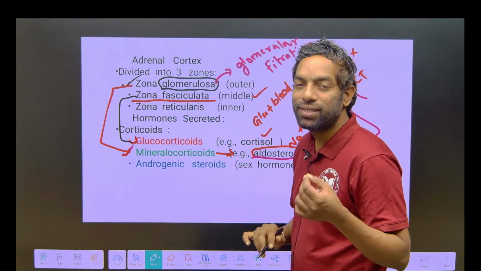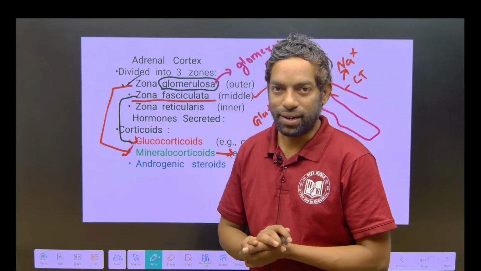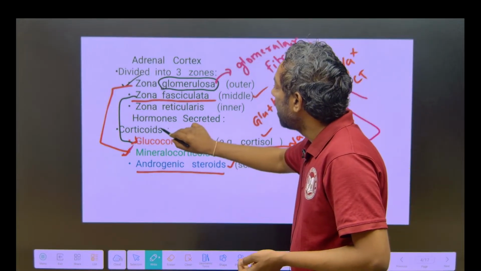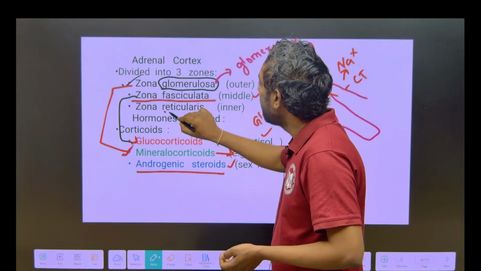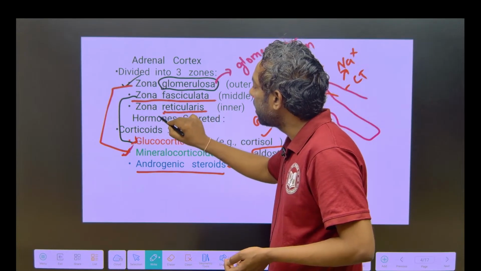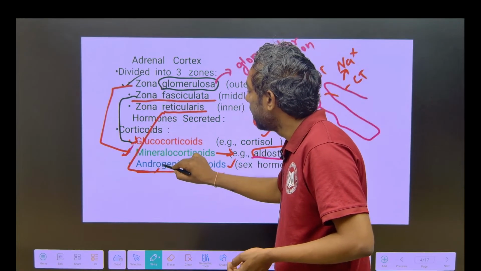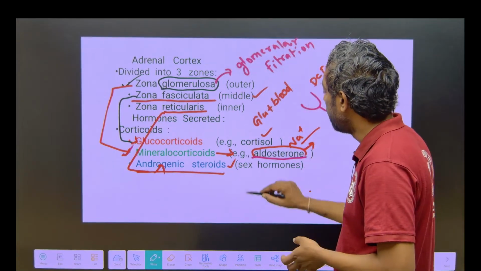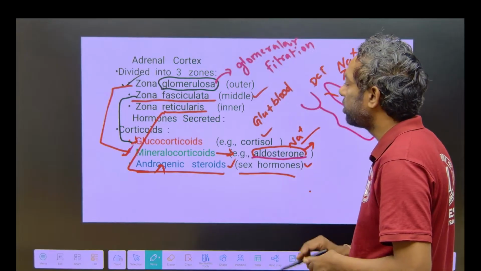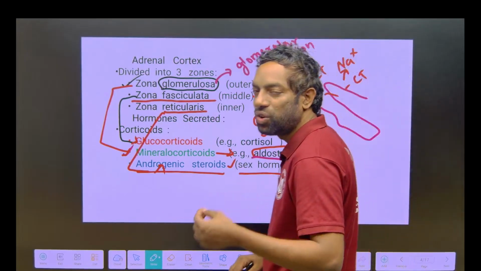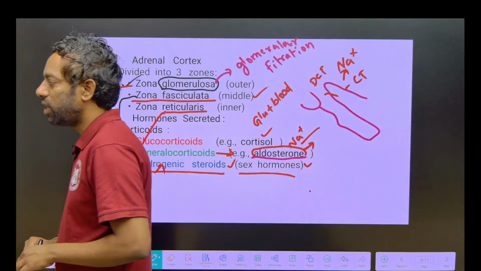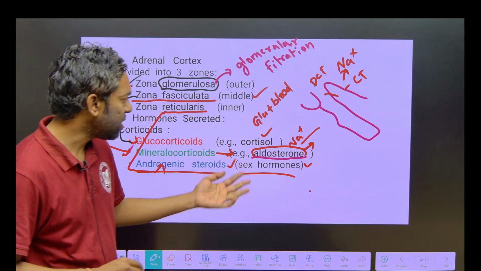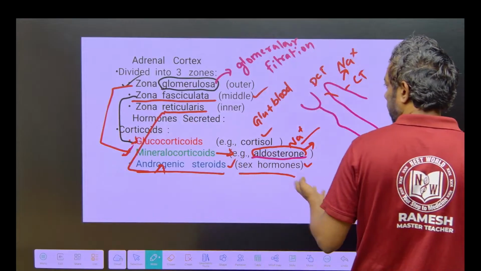Androgenic steroids come from zona reticularis. Reticularis is androgens, meaning reproductive hormones, the sex hormones.